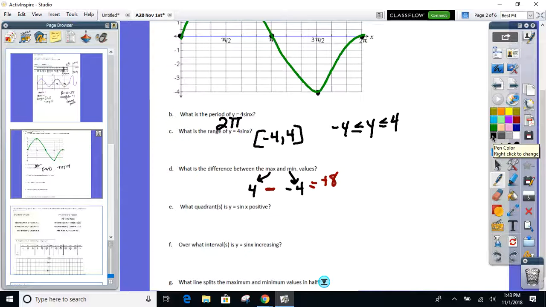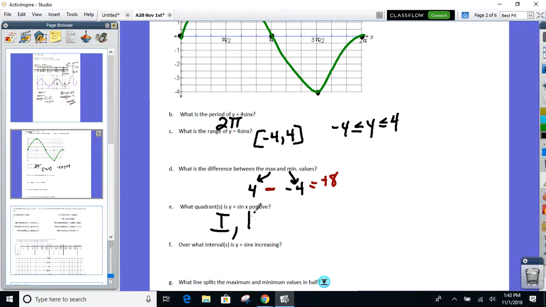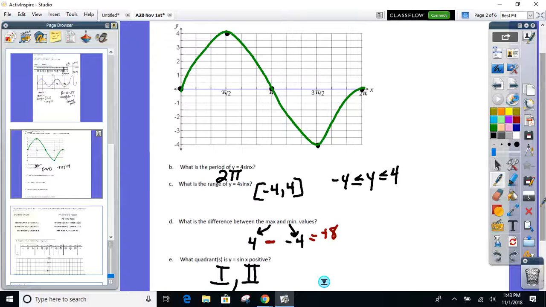What quadrants is sine positive? I'm going to show you this because probably none of you will think it's neat, but I think it's amazing. Quadrants 1 and 2, that goes from 0 to 180, right? Check me on that. What do you notice from your graph from 0 to 180?